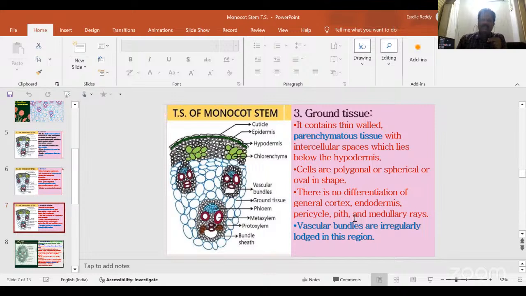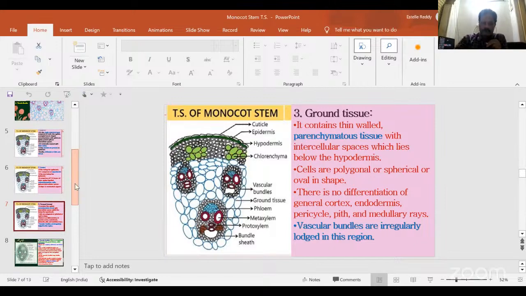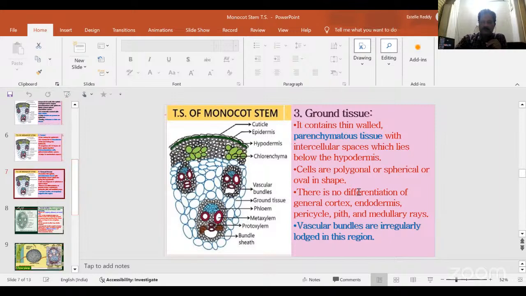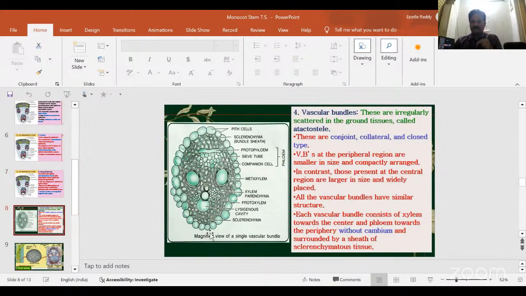Only the numerous vascular bundles can be seen, scattered irregularly in the ground tissue. Such type of arrangement of vascular bundles in monocot stem is called atactostele. The next one is vascular bundles.